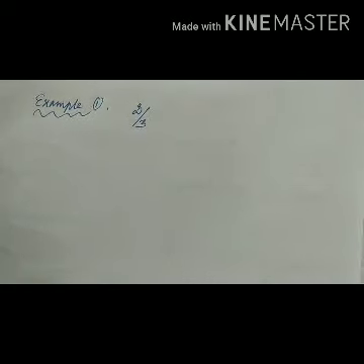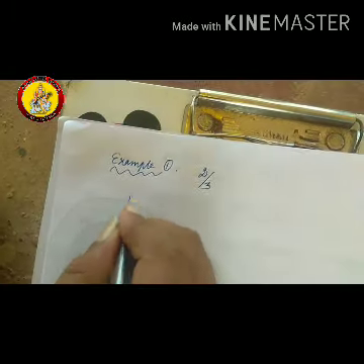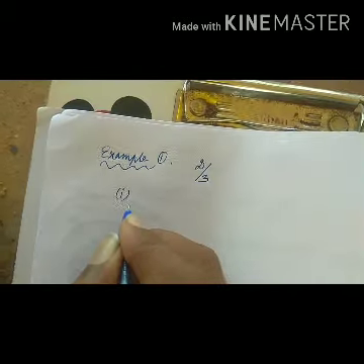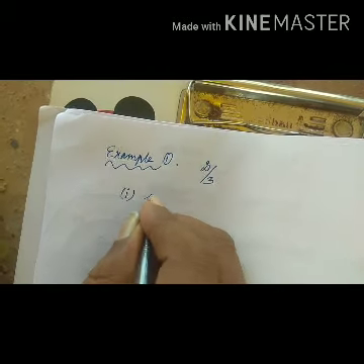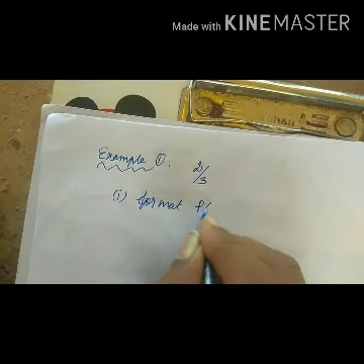Example 1. 2 by 3 is a rational number. Now we have to check. So apply the first condition. What's the first condition? The format is p by q.